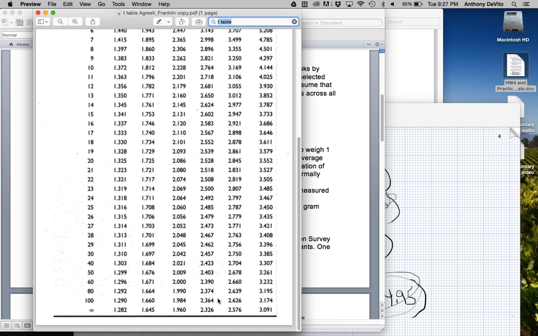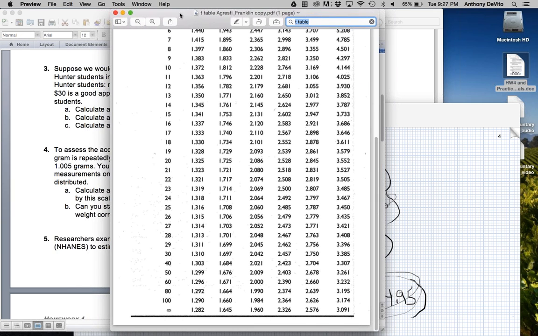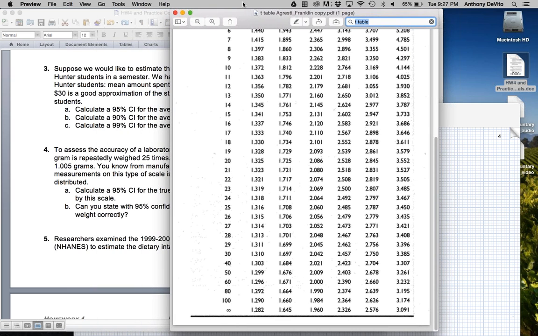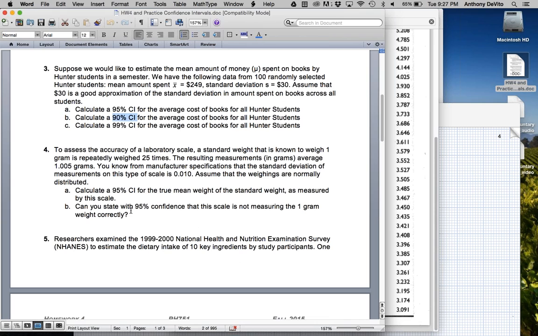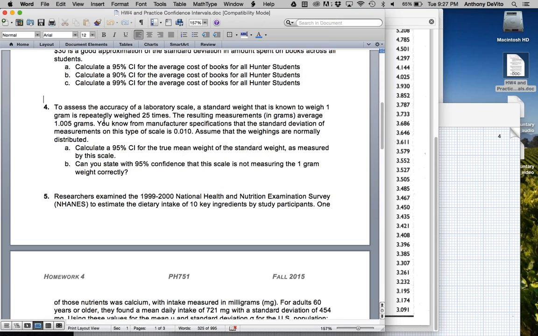So again, sample size determines whether you have to go to this table for the 95%, 90%, or 99% confidence interval if you don't know the population standard deviation. Again though, look how close these are when you get to a sample size that big. That's your real justification for ignoring that rule and using the z-score if it's a big sample size.